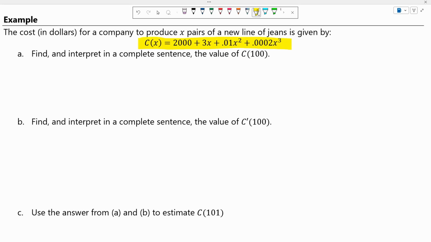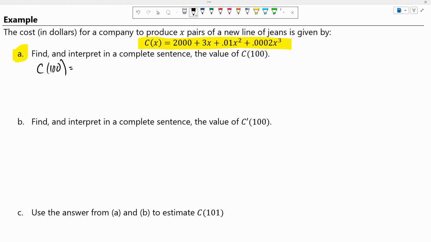Okay, so part A is asking us first, without doing any calculus yet, what does it cost to make 100 jeans? And this is exactly how you think it would work. So we have to do C of 100. Whoa.